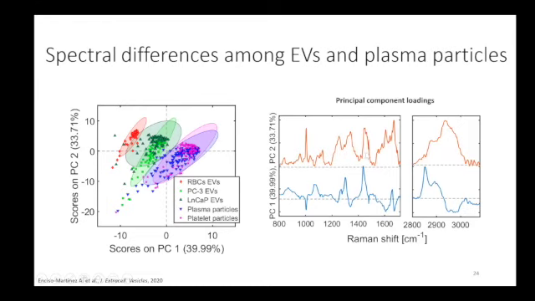And this principal component shows a very clear protein contribution. So particles with high values for PC2 will have a large protein contribution. We see here that red blood cell derived vesicles and most of the vesicles from the prostate cancer also had a large protein contribution, while for the lipoproteins, that was not so much.